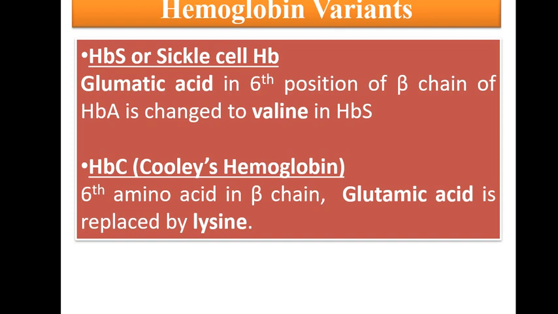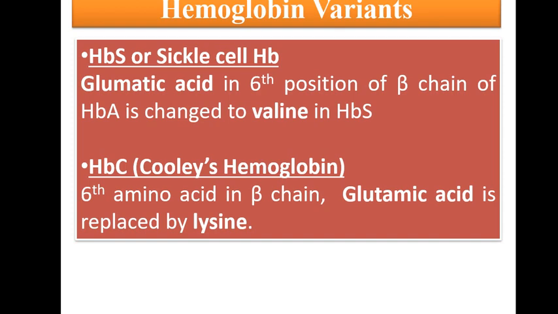The beta chain has amino acids, and the 6th amino acid is glutamic acid. This glutamic acid, present in the 6th position of the beta chain of globin, is changed to valine. So instead of glutamic acid, valine comes.